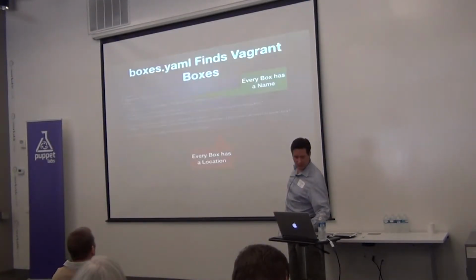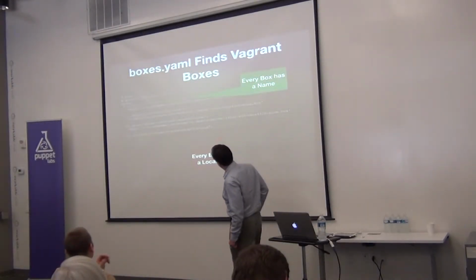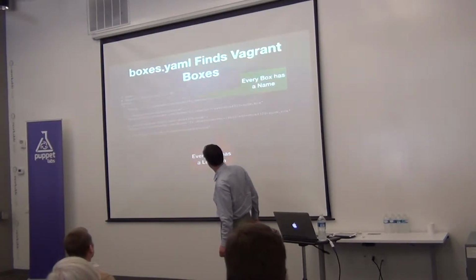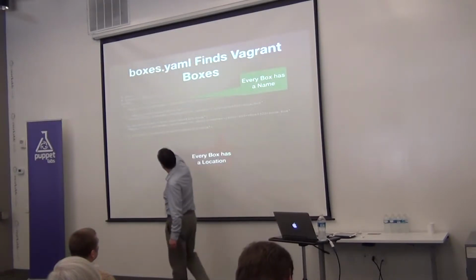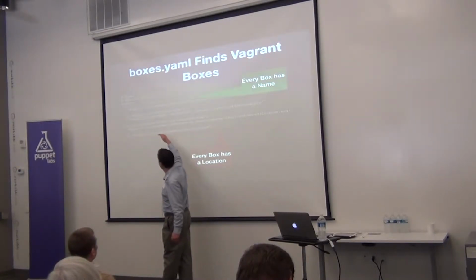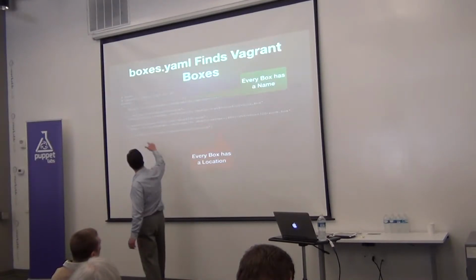Here's an example of the boxes.yaml file. And sorry about the color, it looks good on my monitor, but it didn't translate well here. So this is a hash in YAML. And boxes is literally a list of boxes in this case, so we pointed out it's all Vagrant boxes.